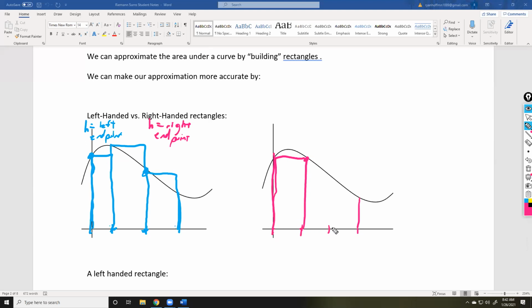And then from 1 to 2, when I make the choice between which point to use for the height, I'm going to use the one on the right. So I'm going to go up to here. Last one, between 2 and 3, when I make the choice of which one to use, I'm going to pick the one on the right, which is 3. So I'm going to go up to this height.